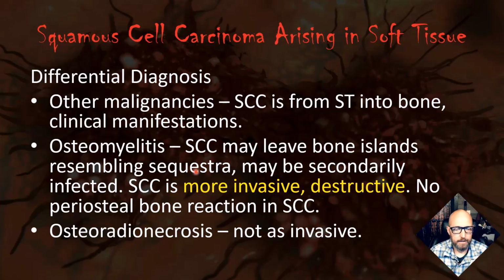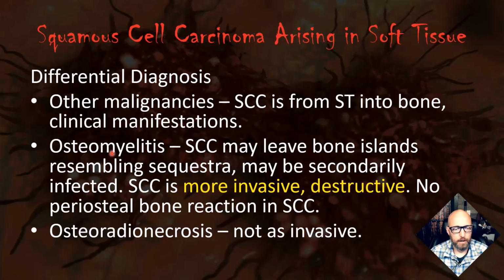But in my mind, it's pretty easy to distinguish a real osteomyelitis sequestrum from what we're talking about here. More invasive, destructive. Whenever something just behaves really aggressively and destructively, you want to start thinking malignancy. And then this is a key here. No periosteal bone reaction in squamous cell carcinoma. So your typical carcinoma or your typical malignancy of the mouth is not going to cause that periosteal bone reaction.